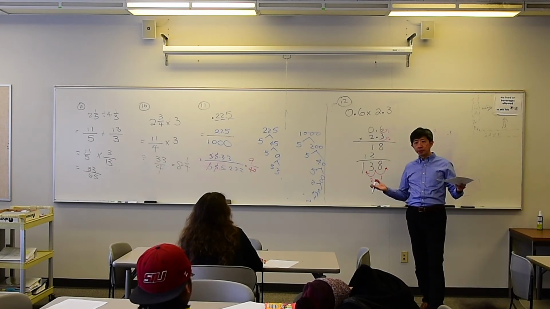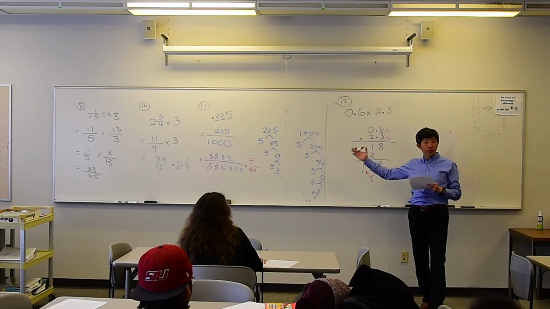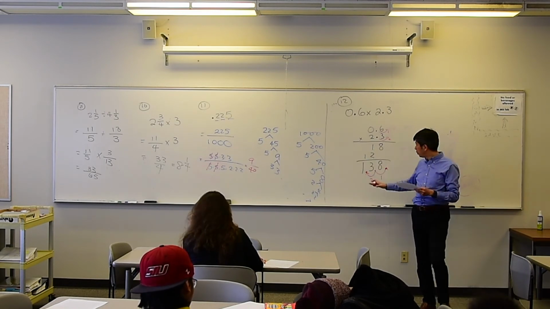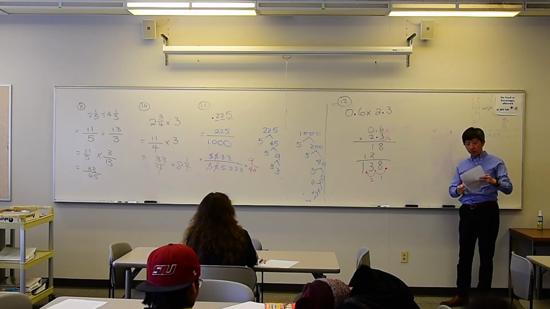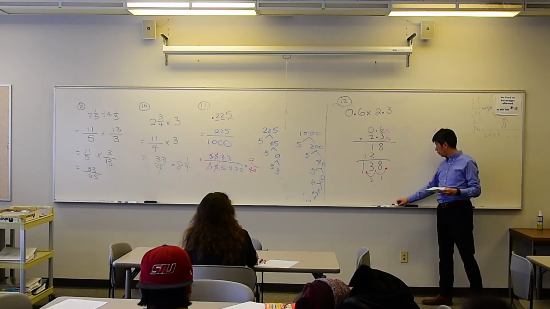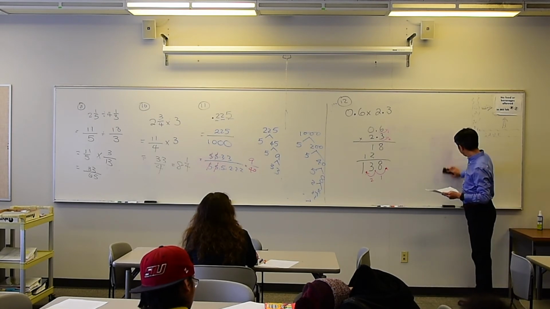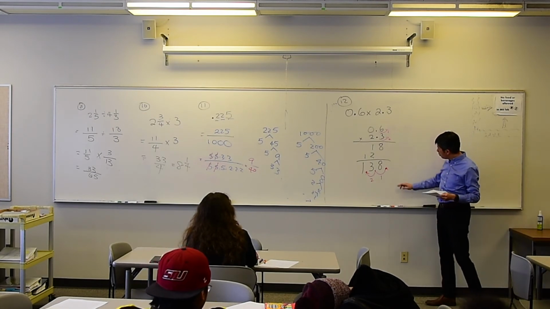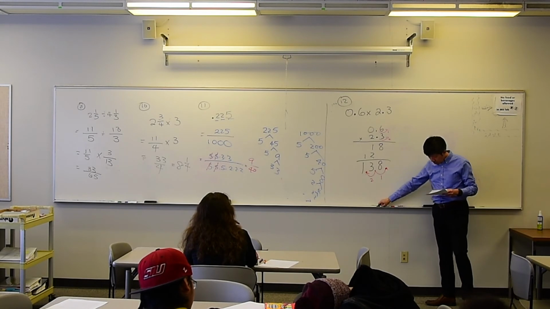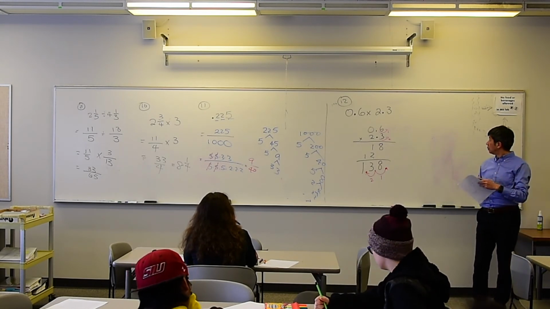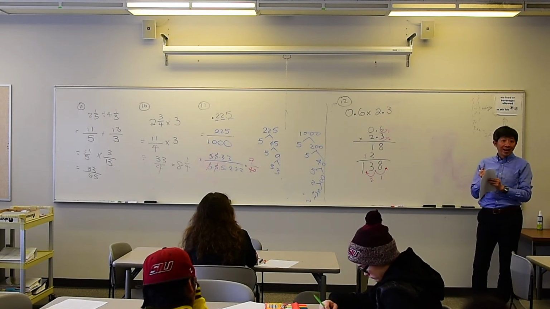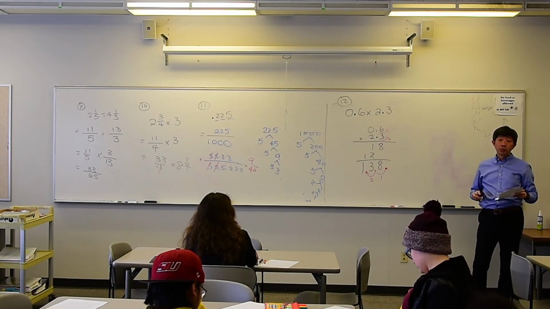This is a procedure. But why? Why do we have to do this? Why do we have to move the decimal point? Why is it important? Why is it crucial? Why do we have to move from here to there? It's important to answer why, okay?